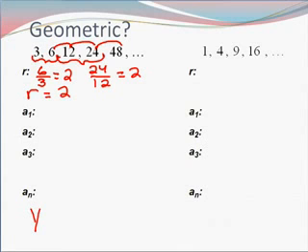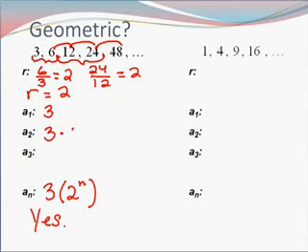And yes, this is geometric, where a_n is going to be 3 times 2 to the n power. And that 3 comes in because if you look at your first term, a1 is 3, a2 is 3 times 2.